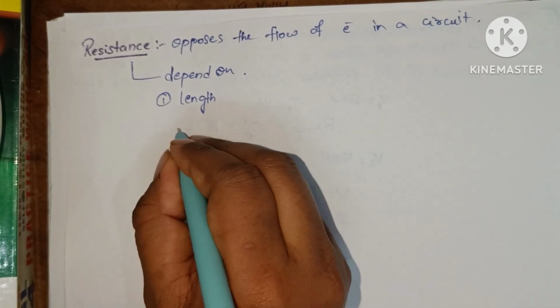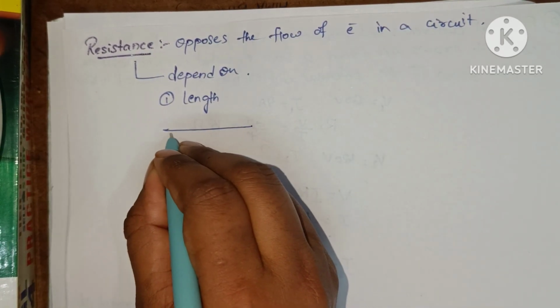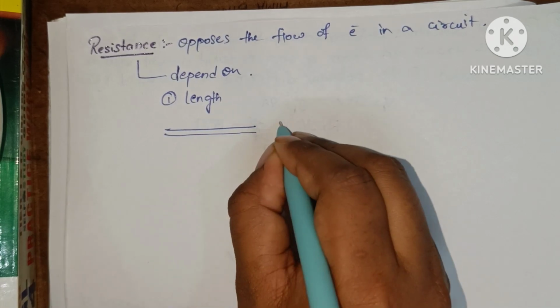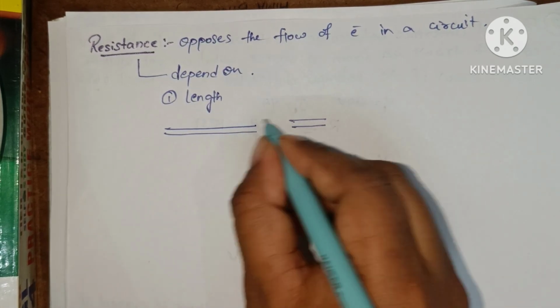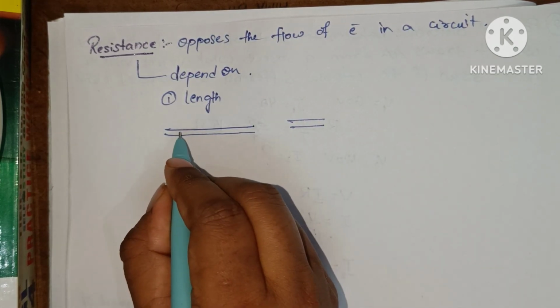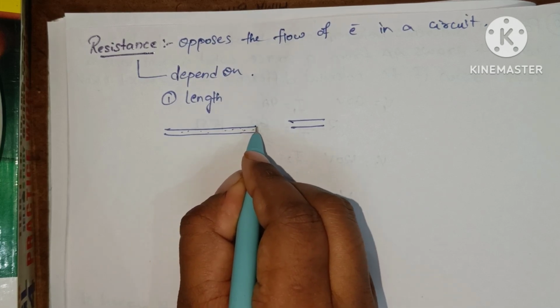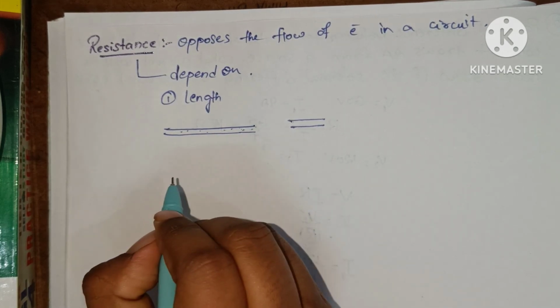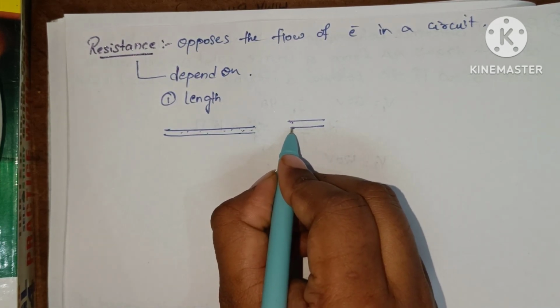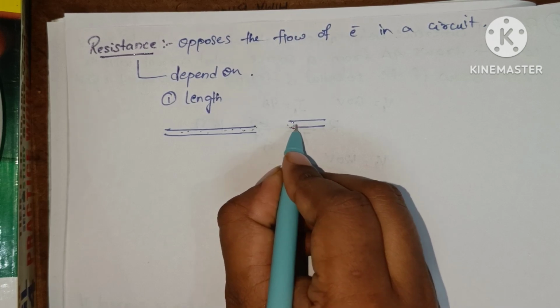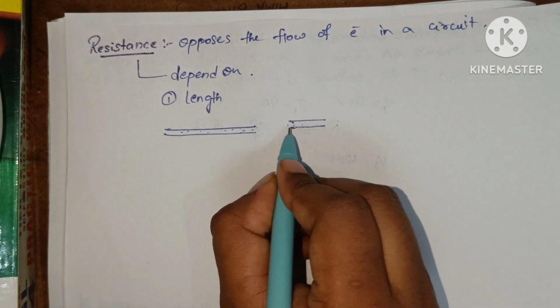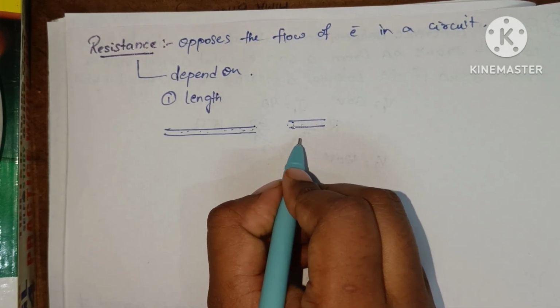If the length is more, there will be more disturbances when electrons flow. If the length is small, then the electron will easily come out, and there will be fewer disturbances.